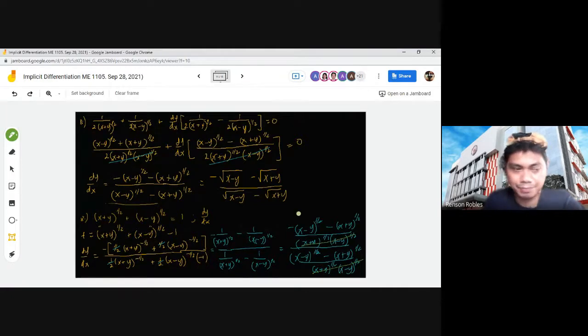Sige, tuloy ko. So equals, sa taas, negative, the square root of x minus y minus the square root of x plus y, all over the square root of x minus y minus the square root of x plus y. Right?